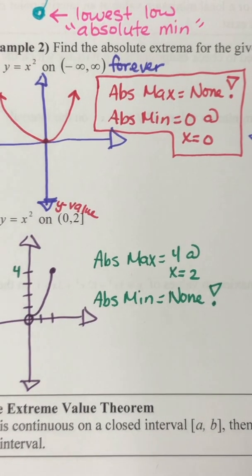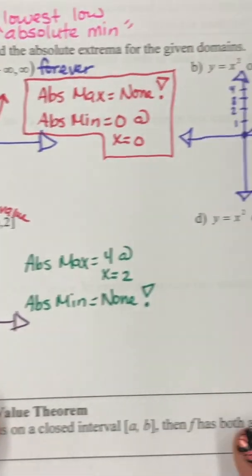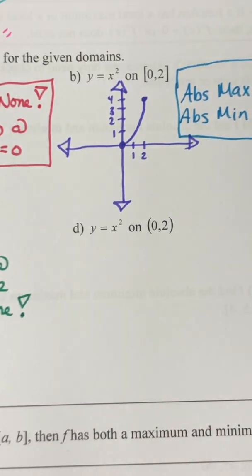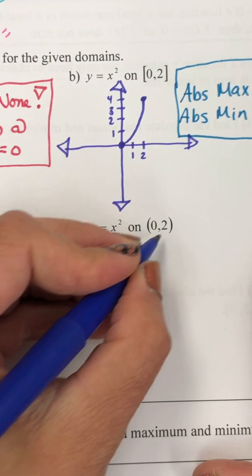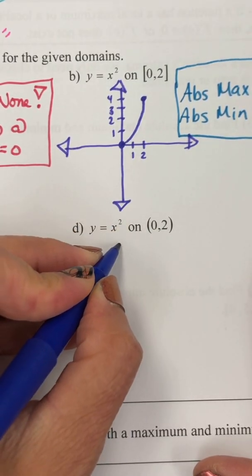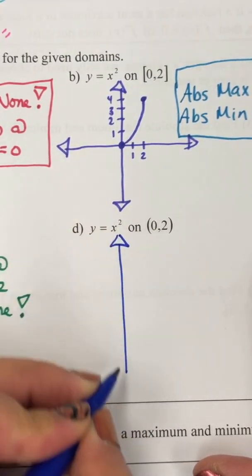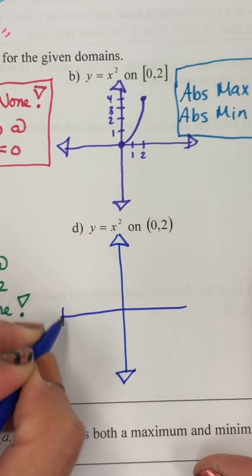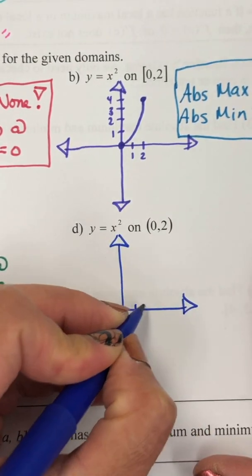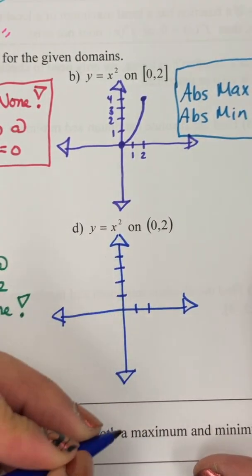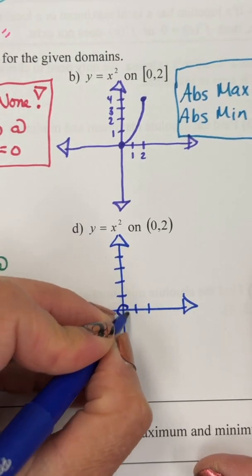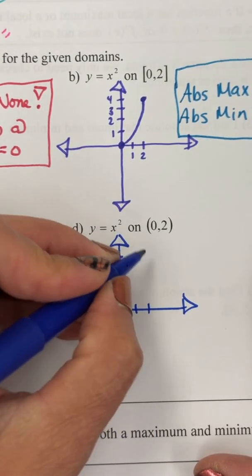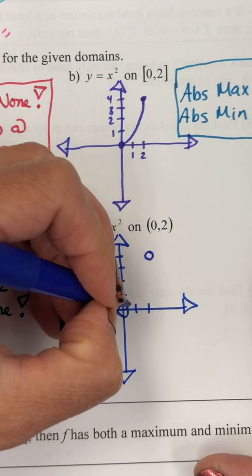All right, let's look at letter D. Still the same function, but this time the interval is open. What does that mean? Well, that means we have an open endpoint at 0, 0, and an open endpoint at 2, 4.